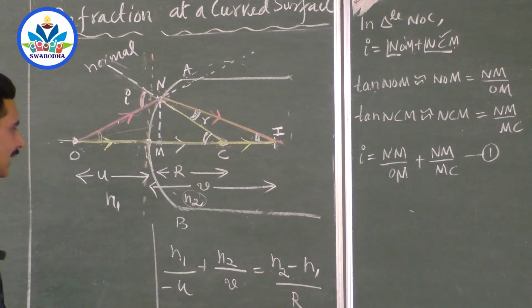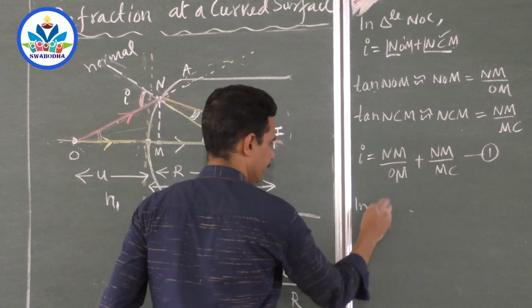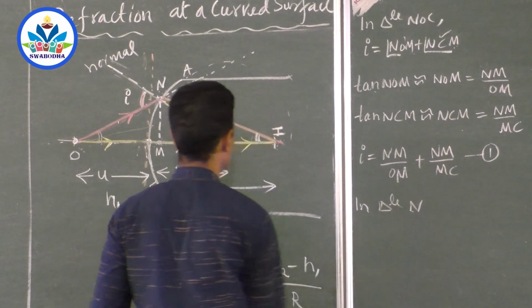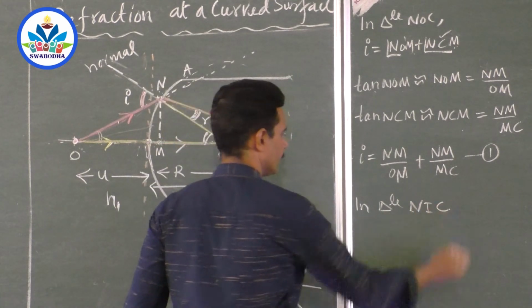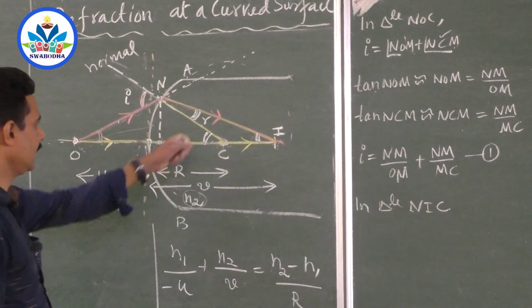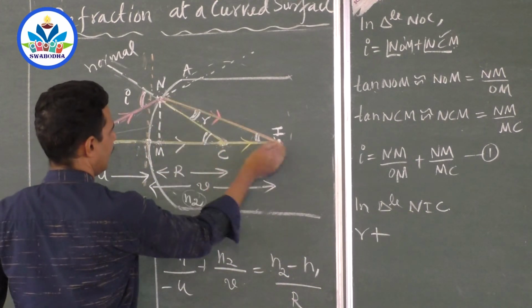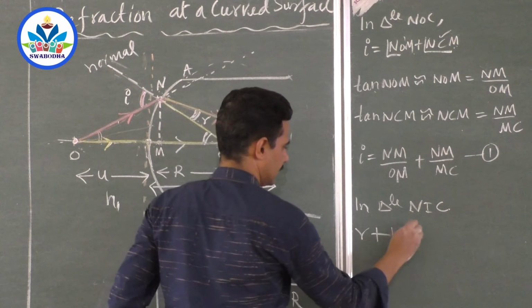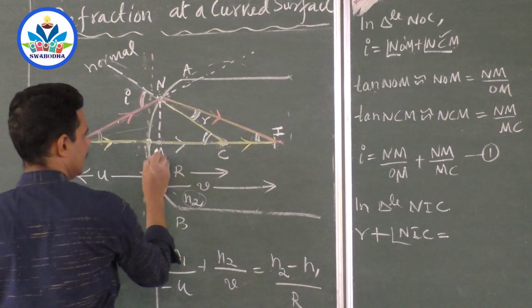So angle R in triangle NIC, interior angle R plus interior angle NIC, must be equal to exterior angle NCM.